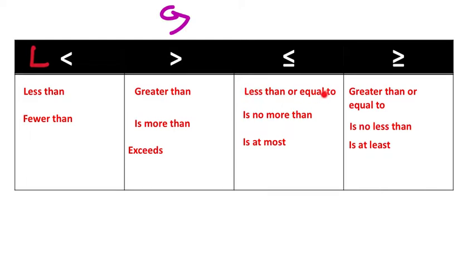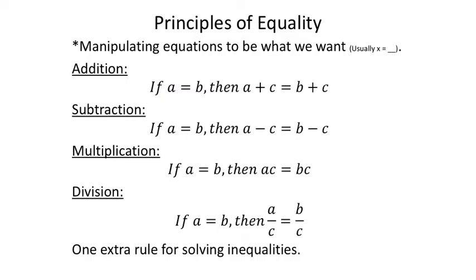Maybe it's because I'm a math nerd, but this is kind of where math becomes a different language or even hieroglyphic in nature, because we get to use these symbols to replace what would be words. And so we can write things shorthand with some math symbols like we see right here. So we got to see these principles of equality because we're going to be using them throughout with inequalities, okay?